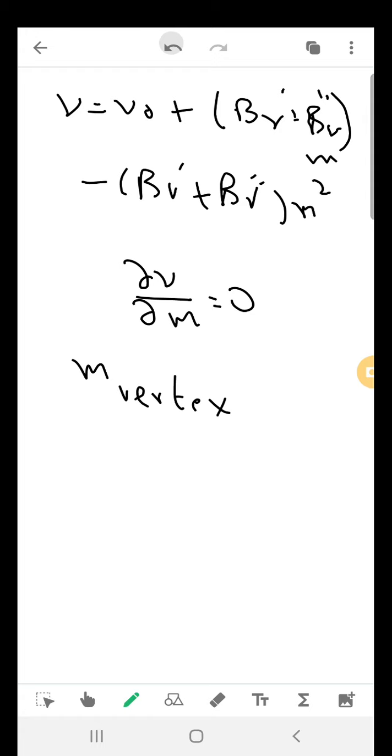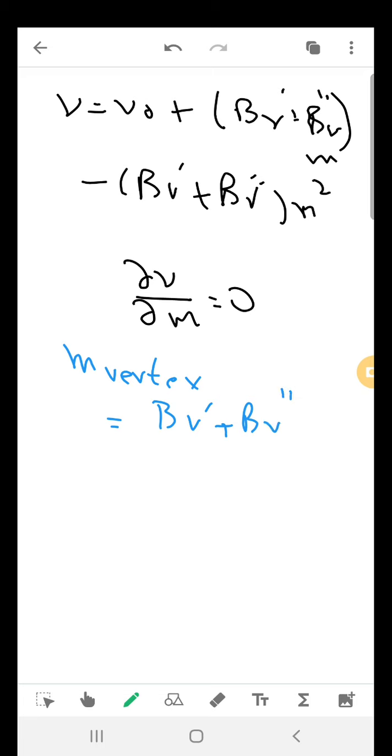So m for the vertex is equal to (B nu dash plus B nu double dash) divided by 2 (B nu dash minus B nu double dash).